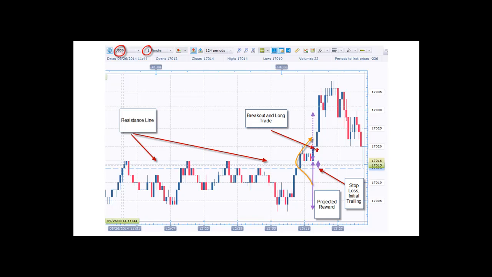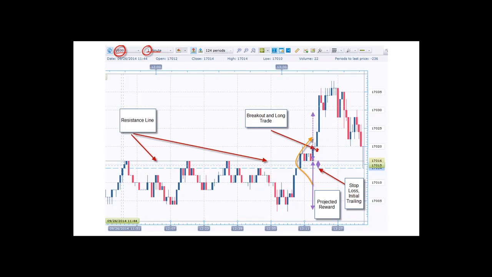Here we're looking at, it just happens, US 30, the Dow. 1 minute bar charts, again, can be currencies, just happen to find a nice pattern, so took this one instead. And you can see what I was looking for with something like this: we look at the stop loss, the initial trailing, we look at the projected reward.